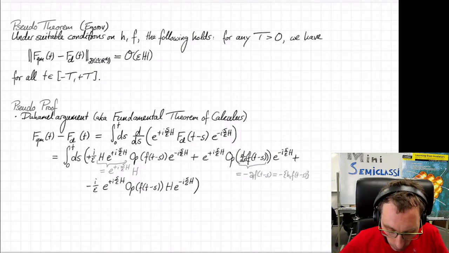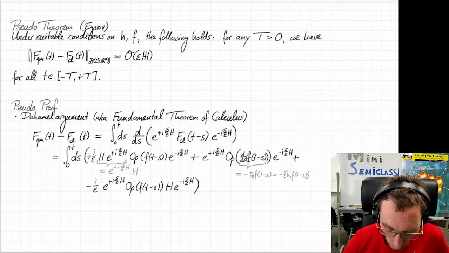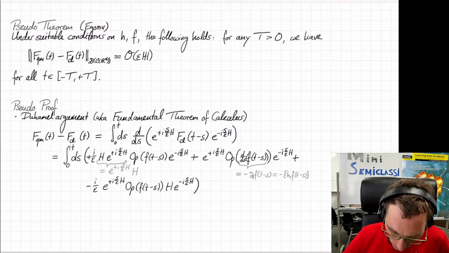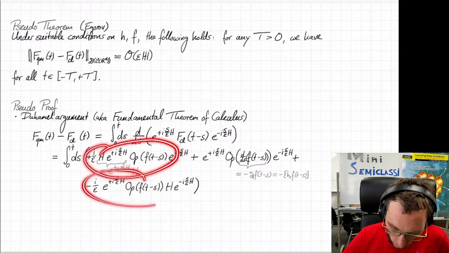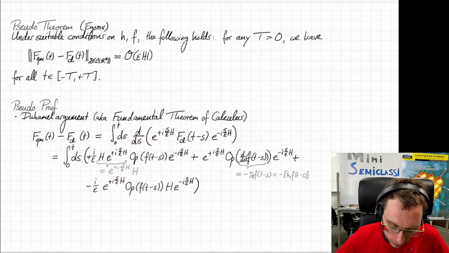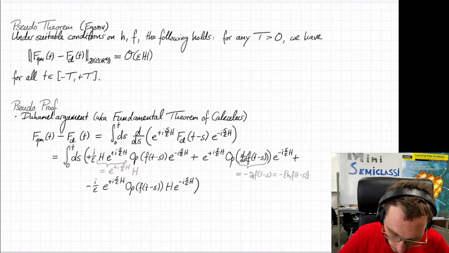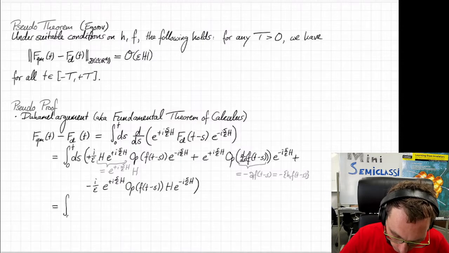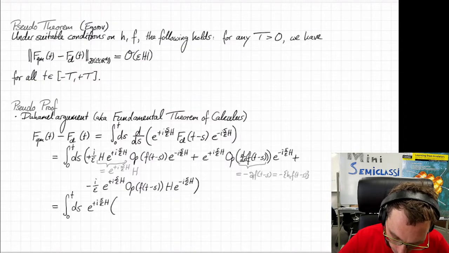So now we can collect these two terms with one another, and we get a commutator. So what we get is the integral from 0 to t ds. And now we can factor out e to the plus i divided by epsilon H on the left side.